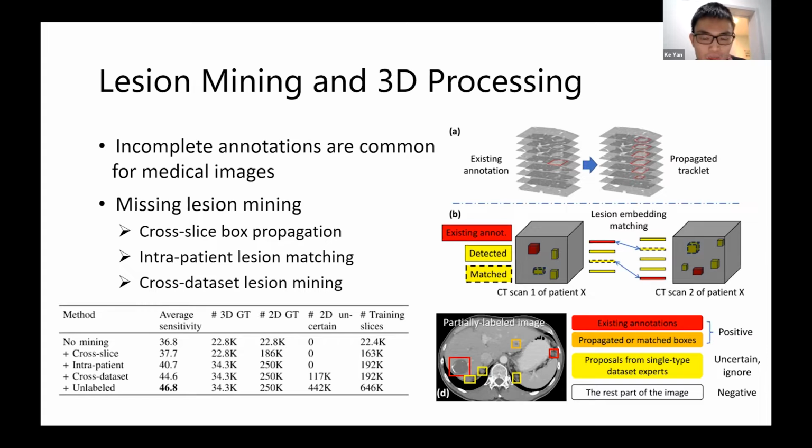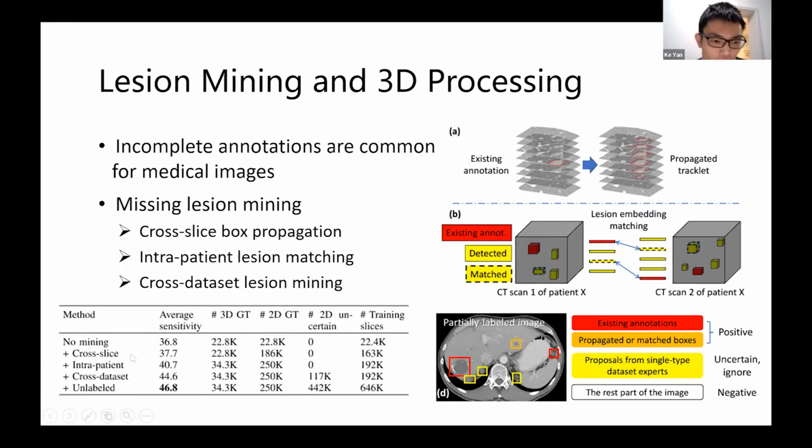Maybe they are true lesions, maybe they are just false positives. We use them as uncertain lesions and retrain the detector, and then ignore these high confidence detections, so that these missing annotations or false positives won't be harmful to the model training.